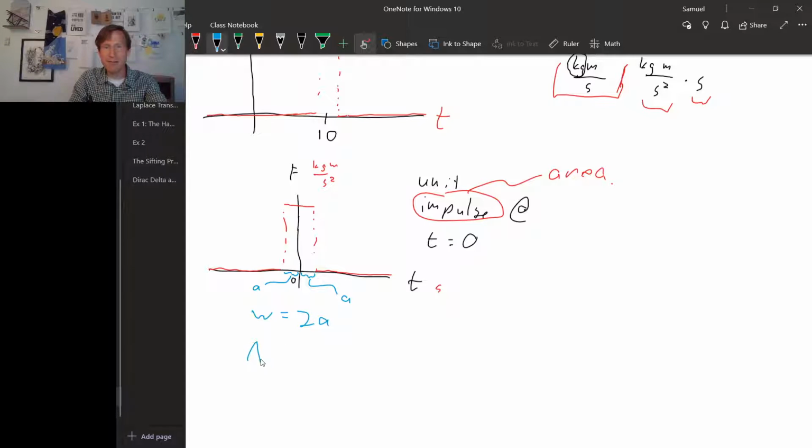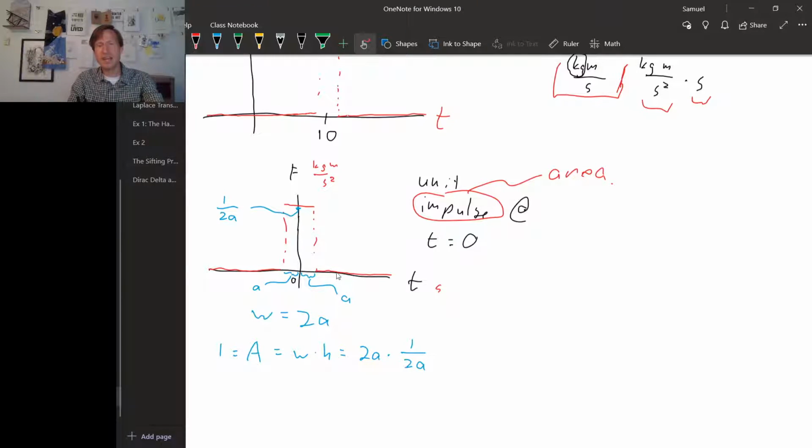The area under this graph is supposed to be 1, but the area is the width times the height. The width is 2a, and so that means the height had better be 1 over 2a.